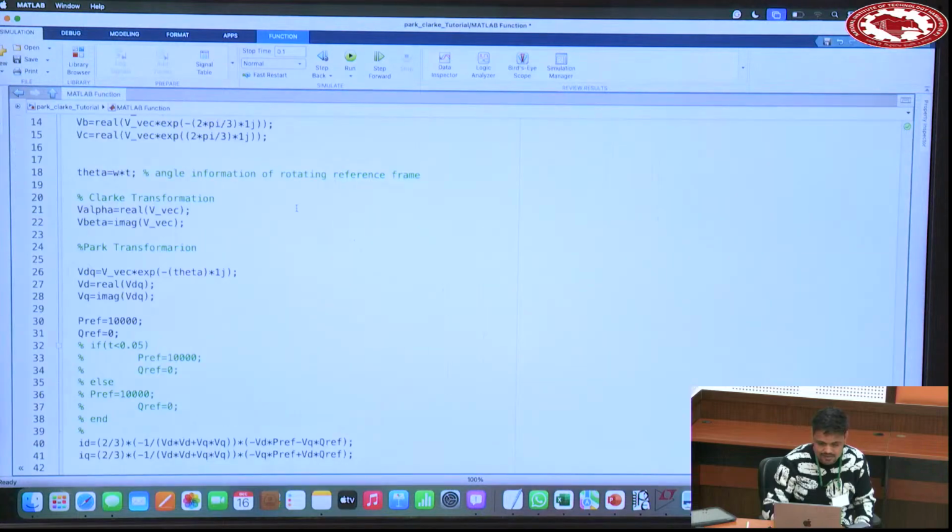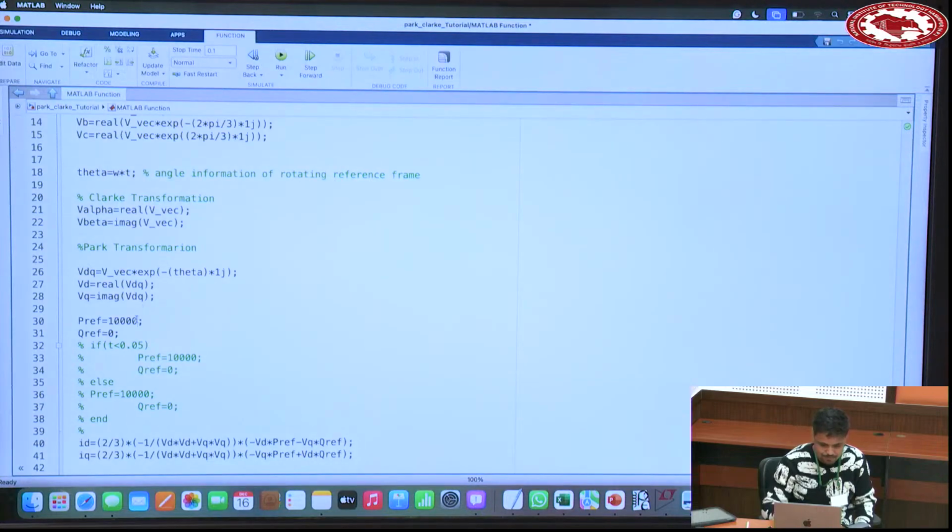Yellow one is Id, blue one is Iq. Id is 0, it should be, because Q is 0. And Iq is having some magnitude. Now I am doing the reverse. I am making P 0 and Q 10,000.